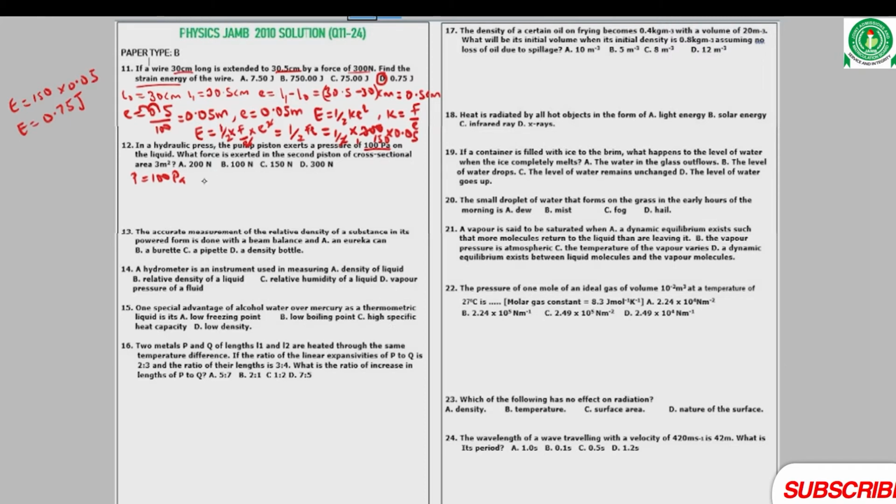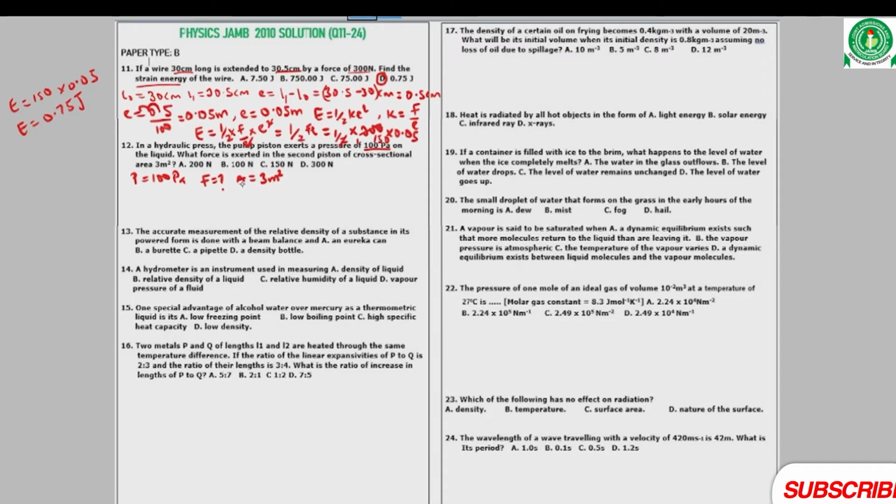Now we have to calculate the force exerted on the second piston of cross-sectional area A, which is equal to 3 meter square.